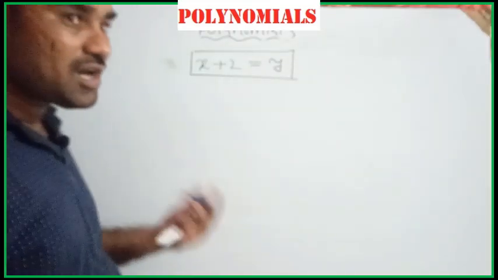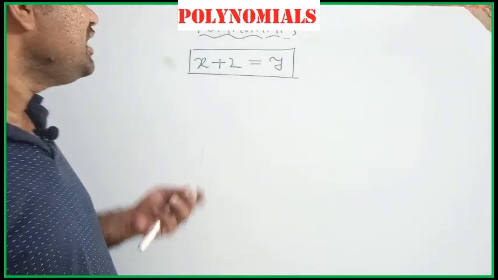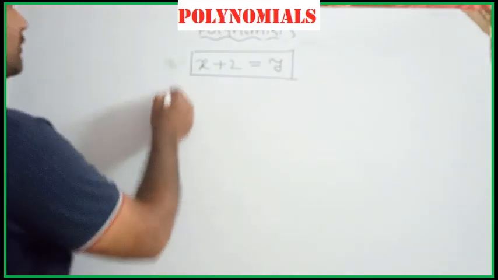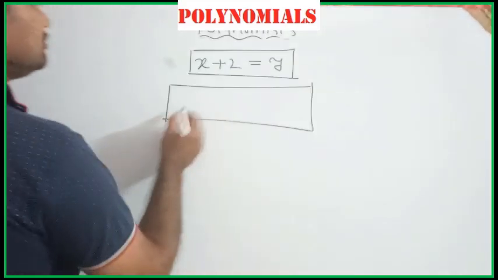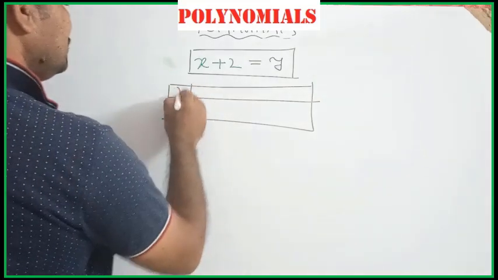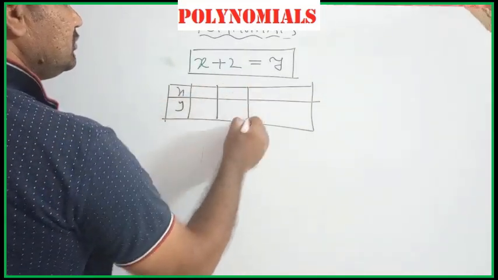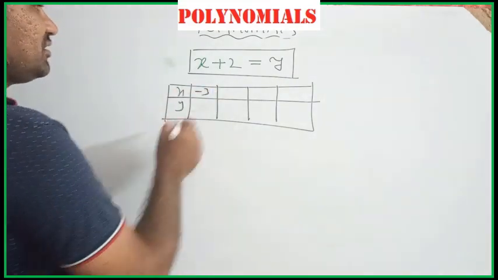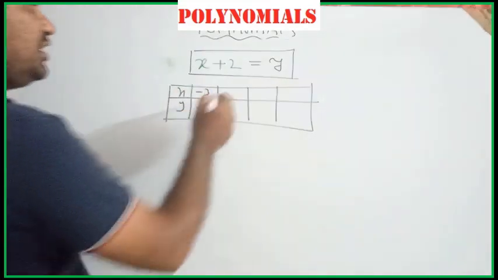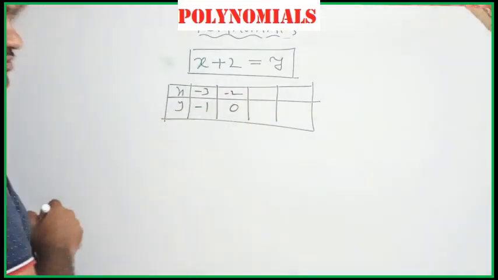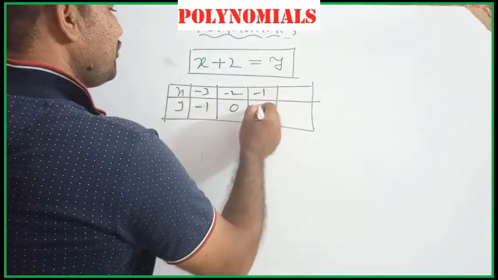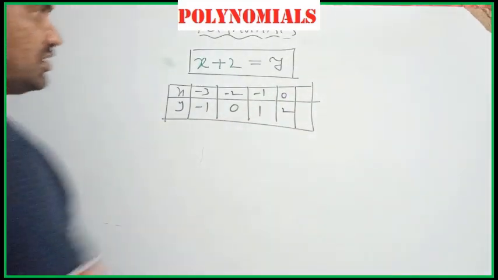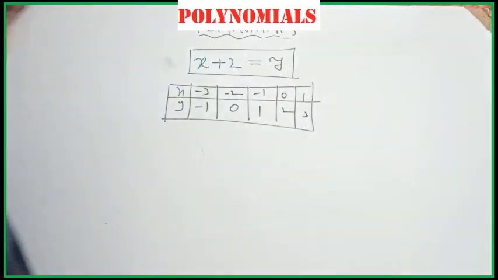Everyone knows how to draw the graph of a linear equation in two variables. First of all, you need to prepare a table, a solution table. X is equal to minus 3, y is equal to minus 1. X is minus 2, y is 0. X is minus 1, y is 1. X is 0, y is 2. X is 1, y is 3.